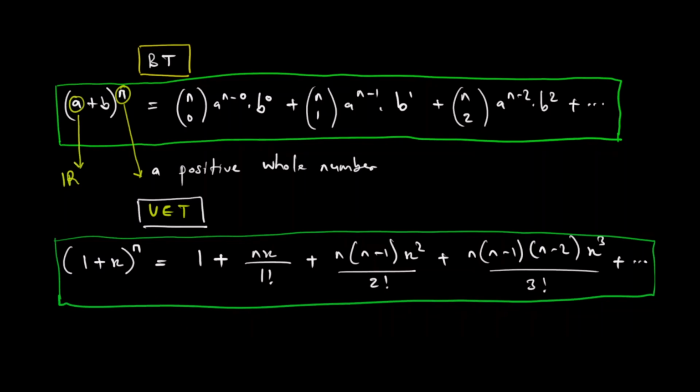Here we saw that n can be anything. N is not restricted, in that it can be anything: a whole number, fractional, a positive number, and it can also be a negative number.